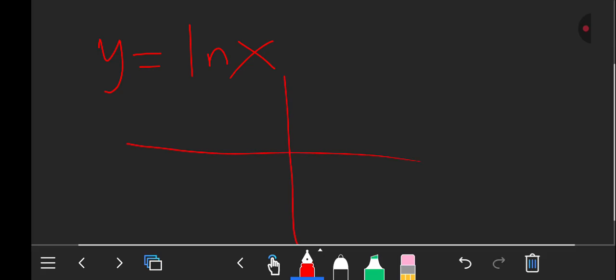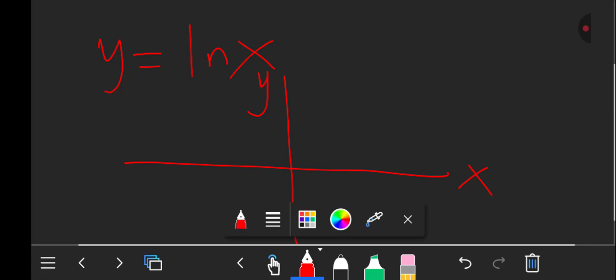That is my y-axis, and this is my x-axis. One thing you need to understand with logarithmic graphs is that the asymptote is the y-axis. For exponentials, the asymptote is the x-axis, but with these logarithmic graphs, it is the y-axis.